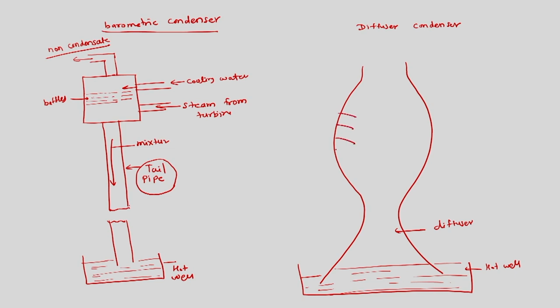Then there will be baffles, also called cascades. This is the turbine exhaust. This is the cooling water.